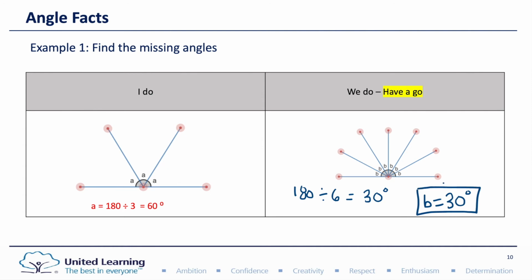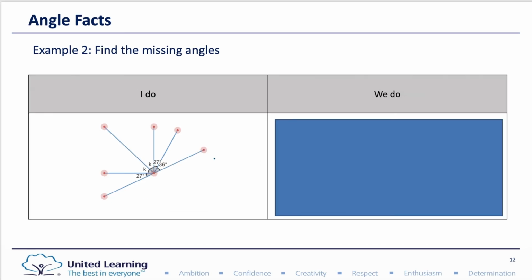The last example I want to go over with you is an example of when there's numbers and variables in the same question. So again, we have a straight line. So I know all of these sum to 180 degrees. The first thing I thought to do was take away what I already know from 180, meaning I want to take away this 27, this 27, and 36 from 180 to see what's left over. So step 1, I would do 180 minus 27 minus 27 minus 36.